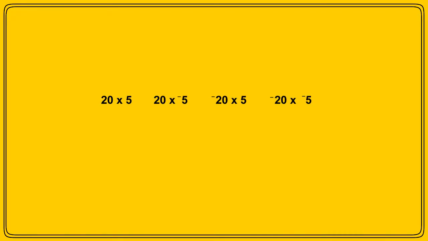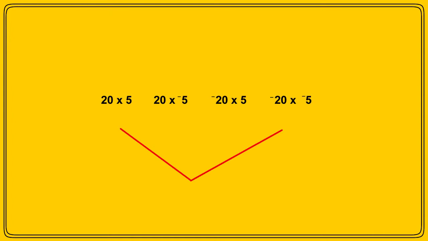So let's try that with the 2 numbers 20 and 5. There are 4 combinations possible for multiplication. 20 times 5, 20 times negative 5, negative 20 times 5, and negative 20 times negative 5. In every case, the answer involves the number 100, and all we have to do is to work out whether it is positive 100 or negative 100.